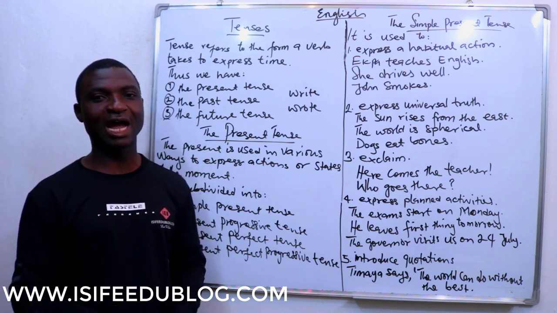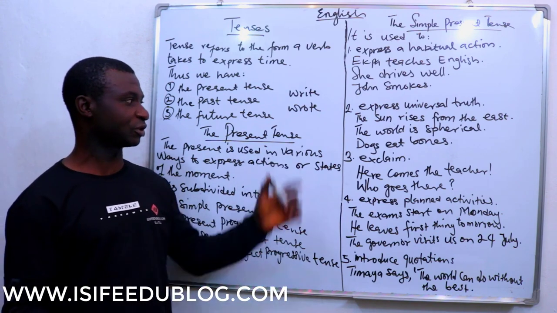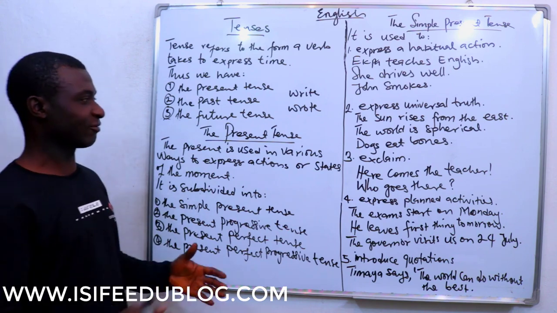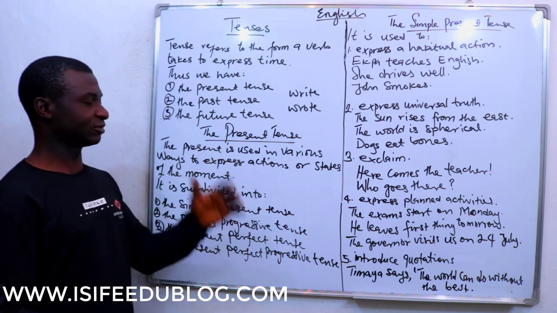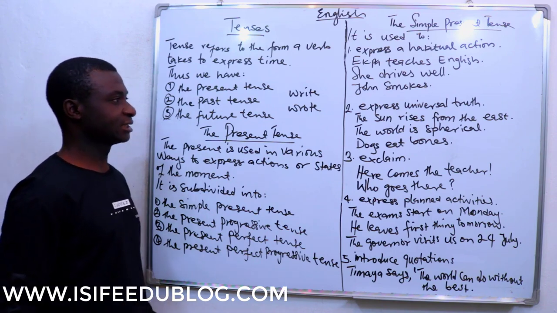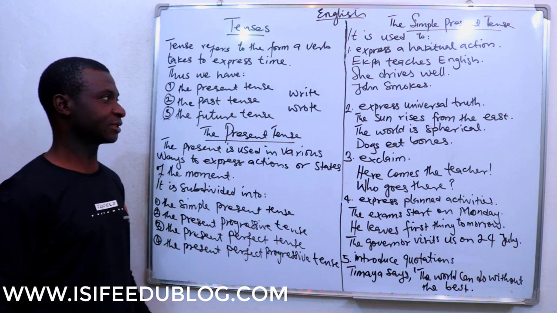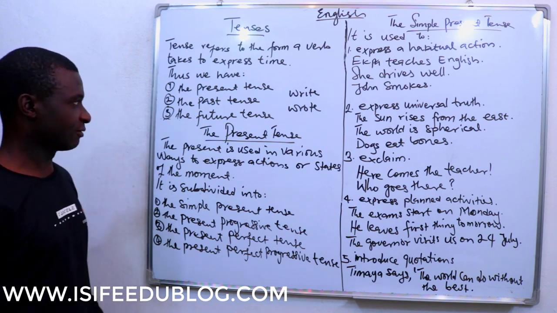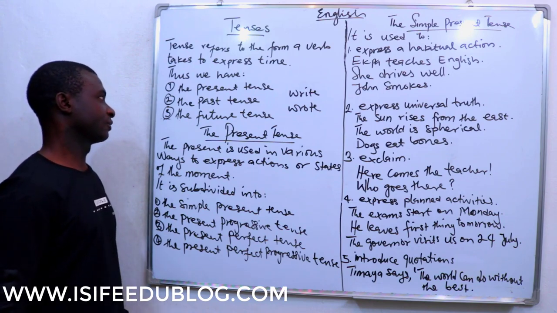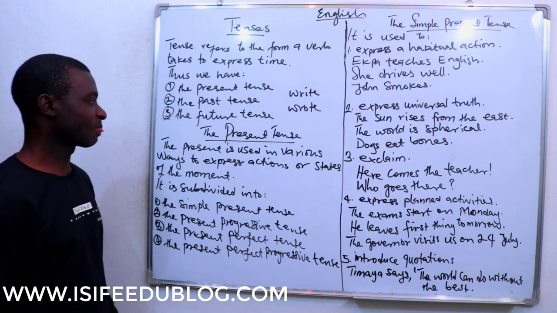So whatever you do to create the future becomes the future tense. It's not about whether there is a particular form of the verb that is future. Verbs blend with others to give you the future tense. So we have three tense forms on the board: the present, the past, and the future.